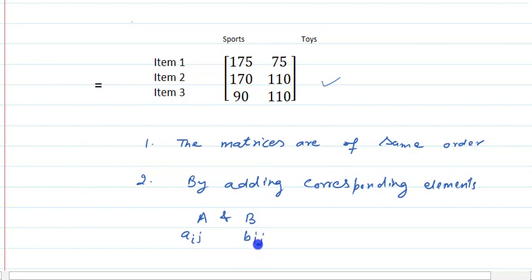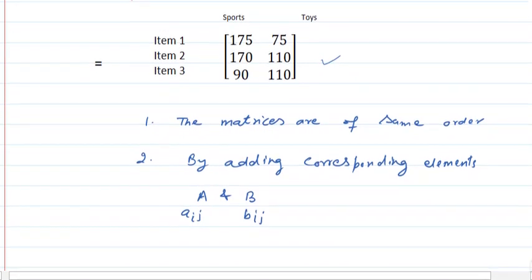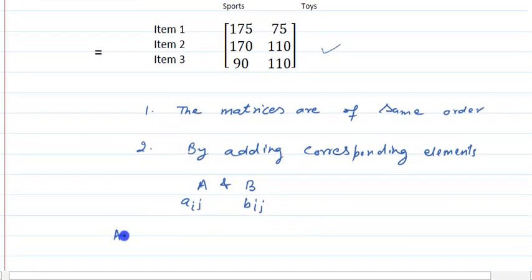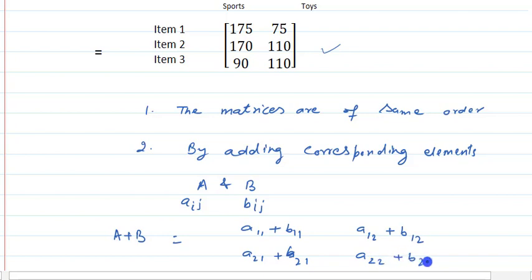Then to find A plus B, we should add the corresponding elements. A11 should be added with B11, A12 with B12, A21 with B21, and A22 with B22, and so on.